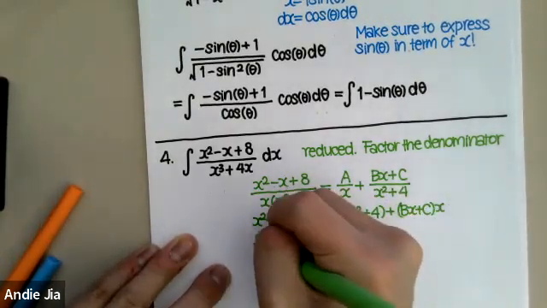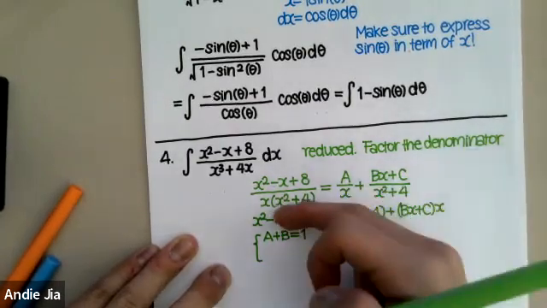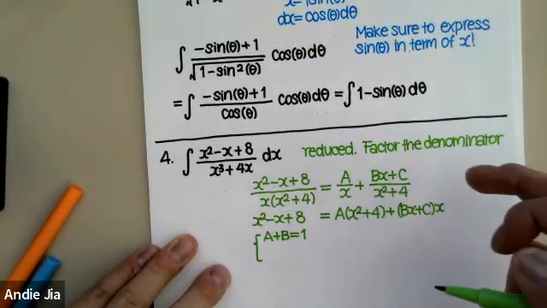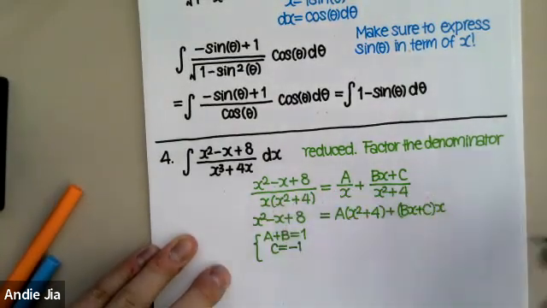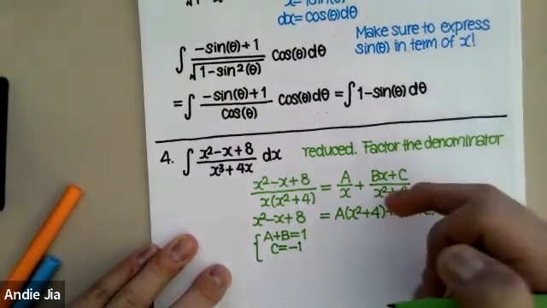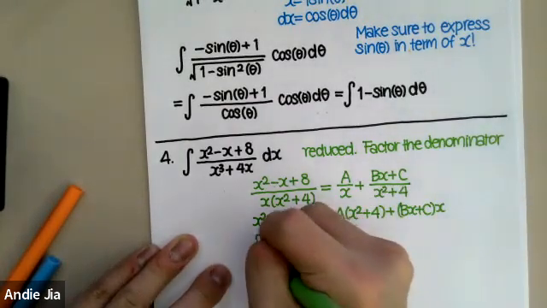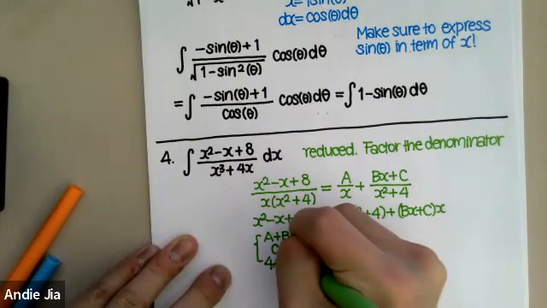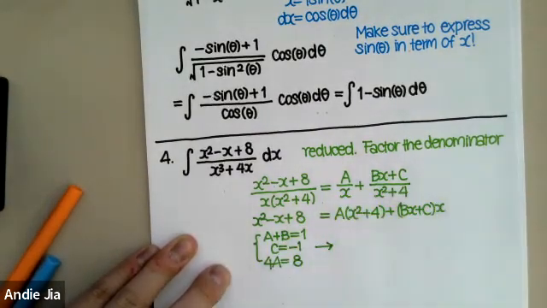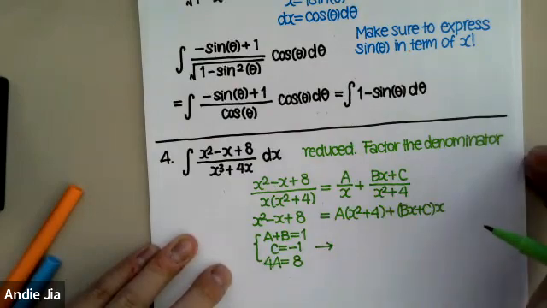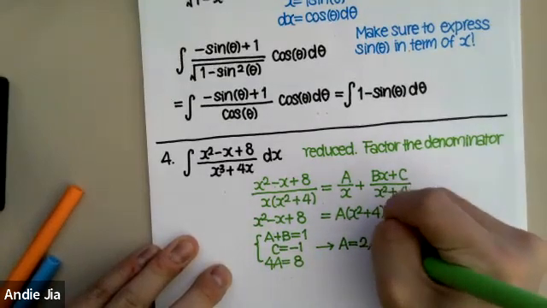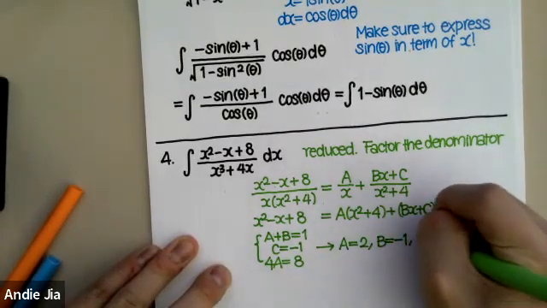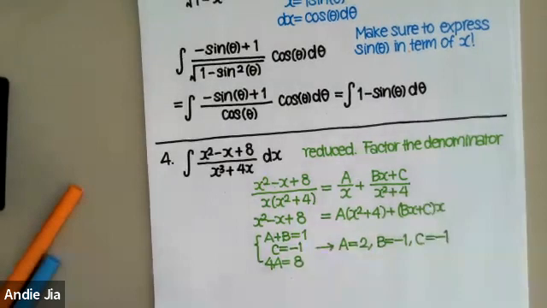For the x term, c is going to be negative 1, because it's negative 1x. And then 4a is 8. You solve it: a is going to be 2, b is negative 1, and c is negative 1.